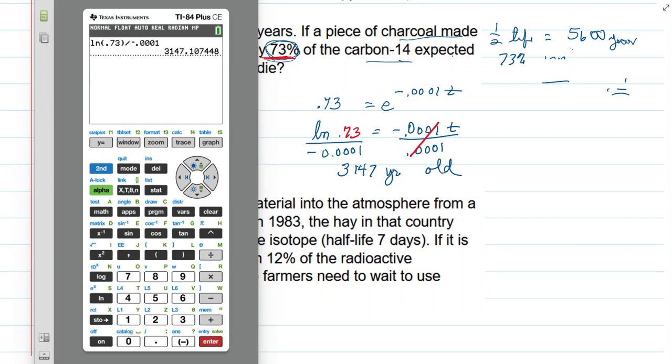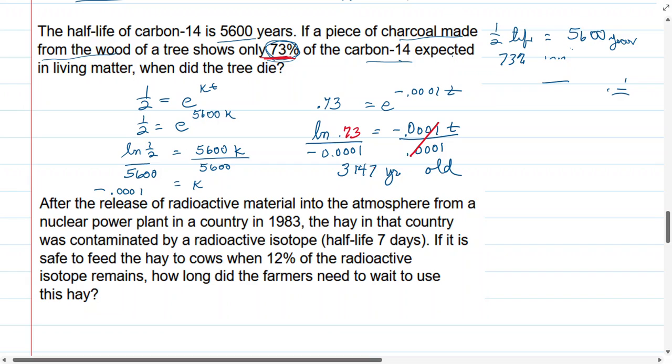All right. After the release of radioactive material into the atmosphere from a nuclear power plant in the country in 1983, the hay in the country was contaminated by a radioactive isotope with a half-life of 7 days.